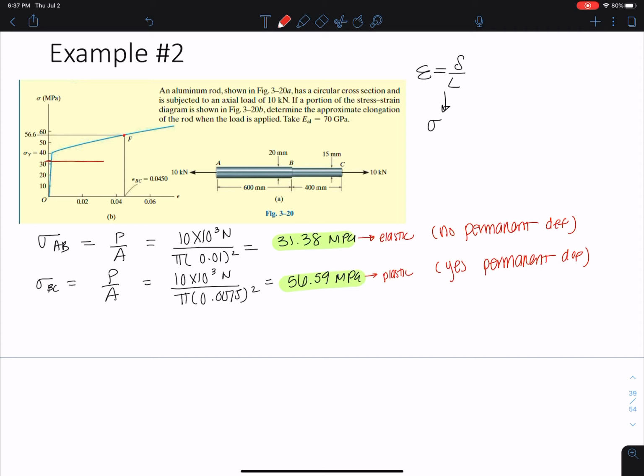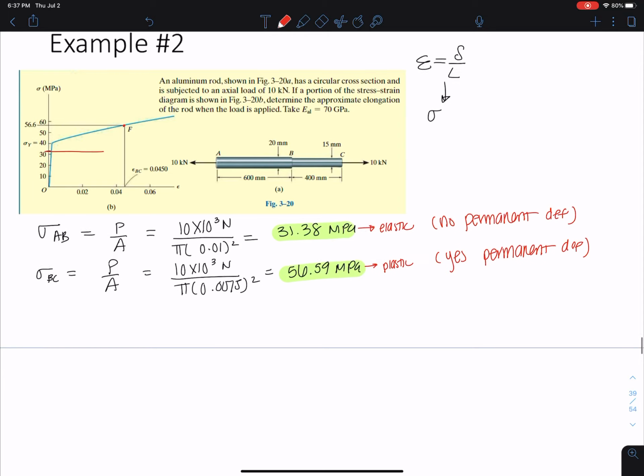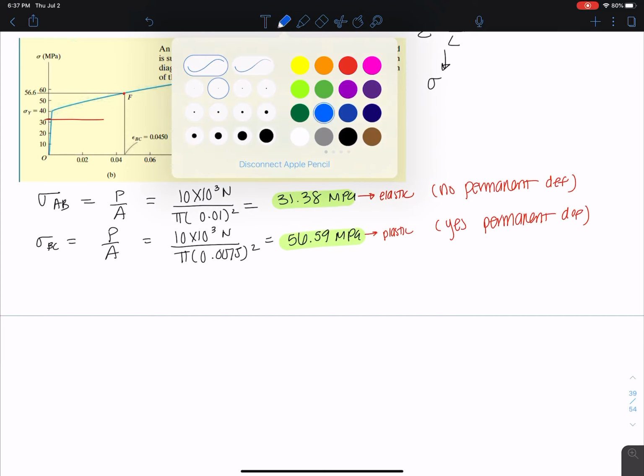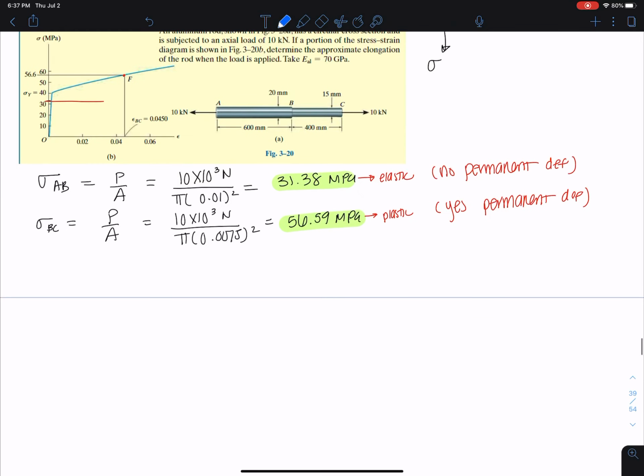But actually right now we're looking at the deformation when the load is on there. So they're both going to contribute. That's just something to note. Another thing to note is that for AB, since it's elastic, we can actually just use Hooke's law. So we can say that epsilon AB is just equal to sigma AB divided by E of aluminum.